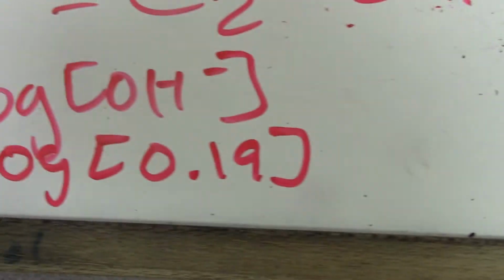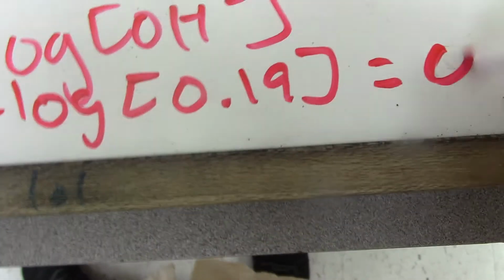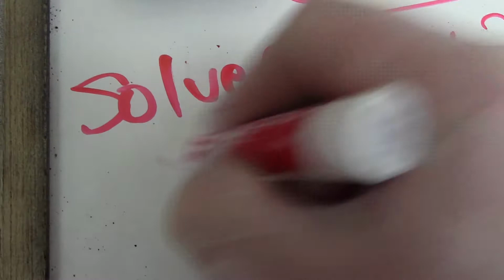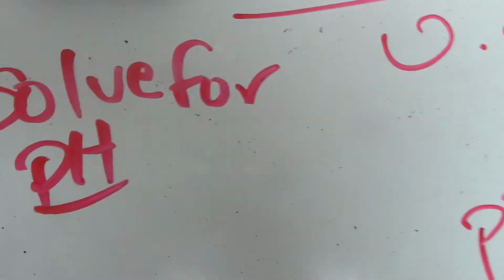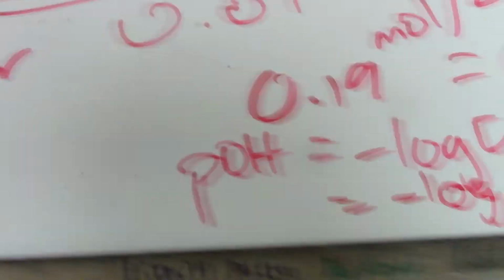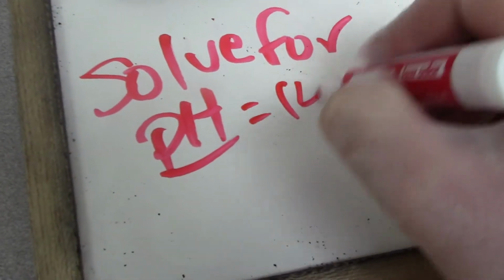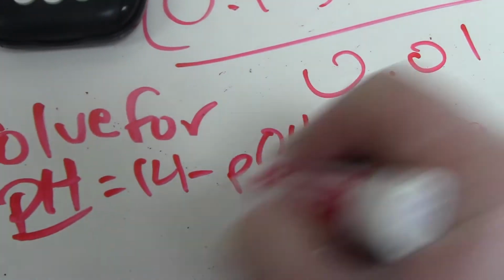So my pOH is 0.72, and I can solve for pH. Right, so I have my pOH. pH is 14 minus pOH.